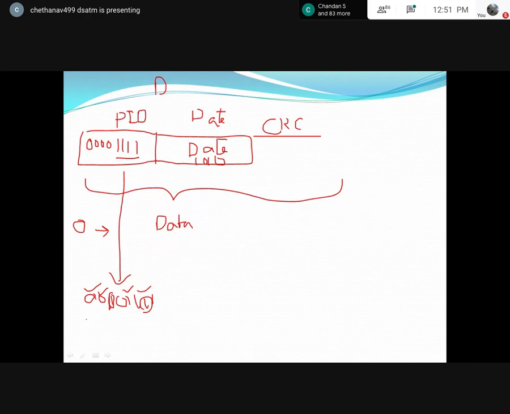What should you get actually? 0000, next is 1111. If any bit is altered, suppose instead of 0 it is 1, then the negated bit should be again 0. If the data is missed or altered within this packet, then I can easily make out that something is a problem with my PID.